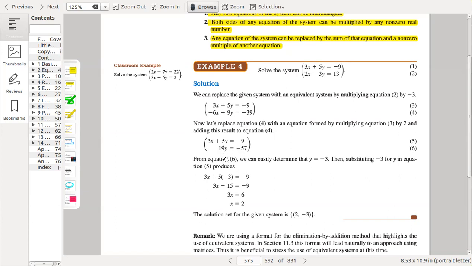So we will have 19y is equal to minus 57, and then for y, minus 57 will be divided by 19. So the value of y will be equal to minus 3, and this value we can put in equation 5. If we substitute this value in equation 5, we will have 3x plus 5 into minus 3 equal to minus 9. That is 3x minus 15 is equal to minus 9.